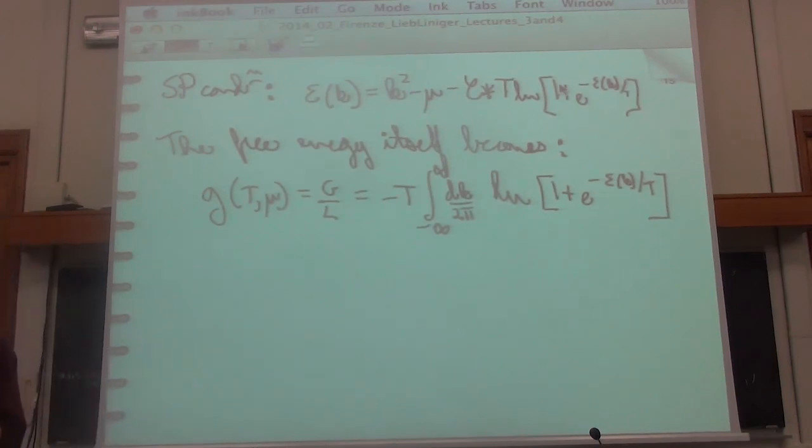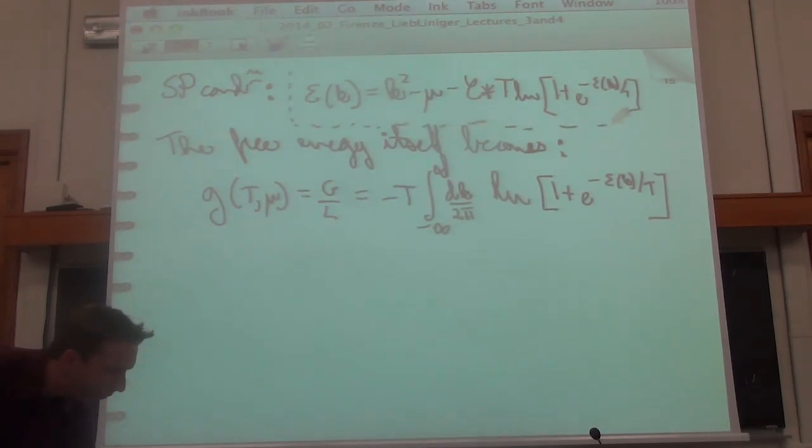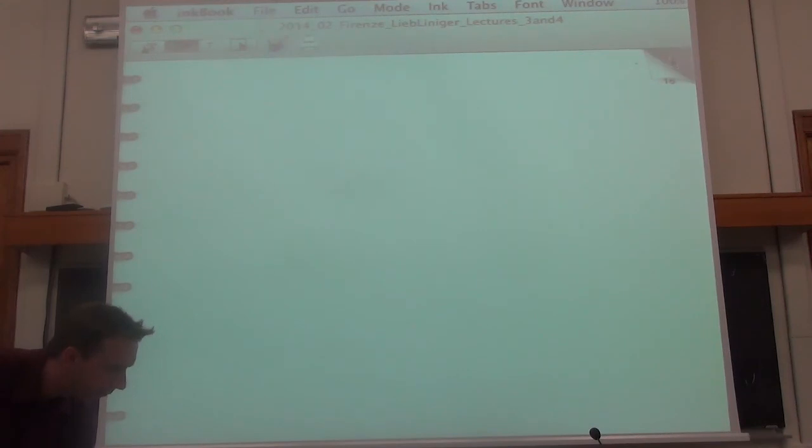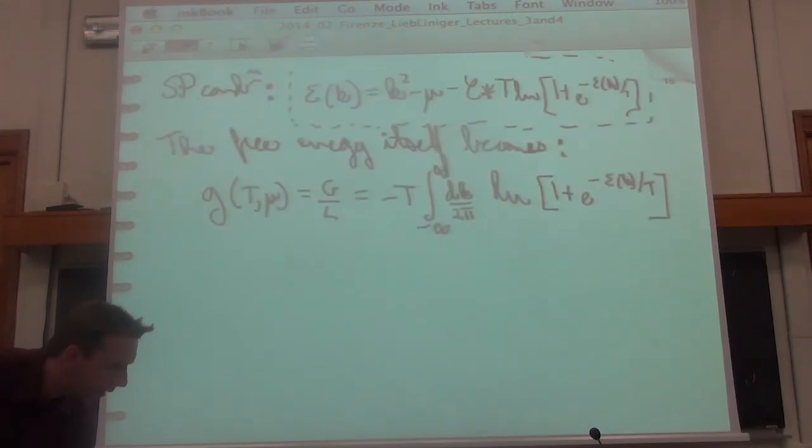So it's a completely closed form formulation of the thermodynamics of the molecule that we obtained. So these are the two important equations: this one here being the condition of thermal equilibrium, and then the free energy itself being given by this one here, which is also very important.